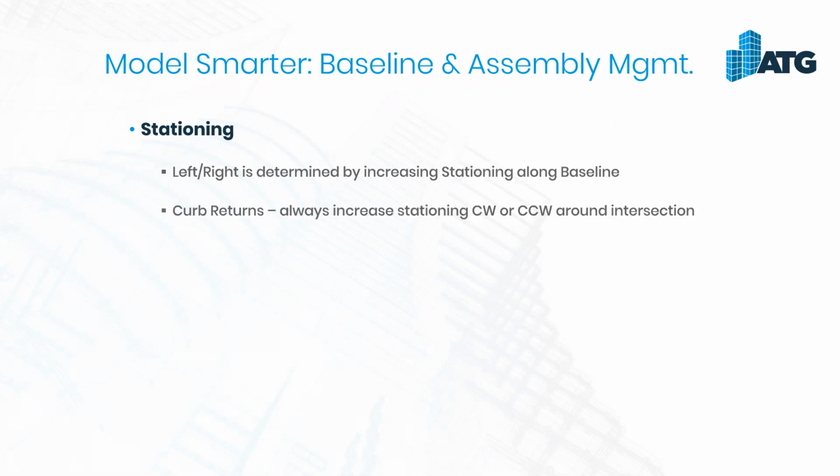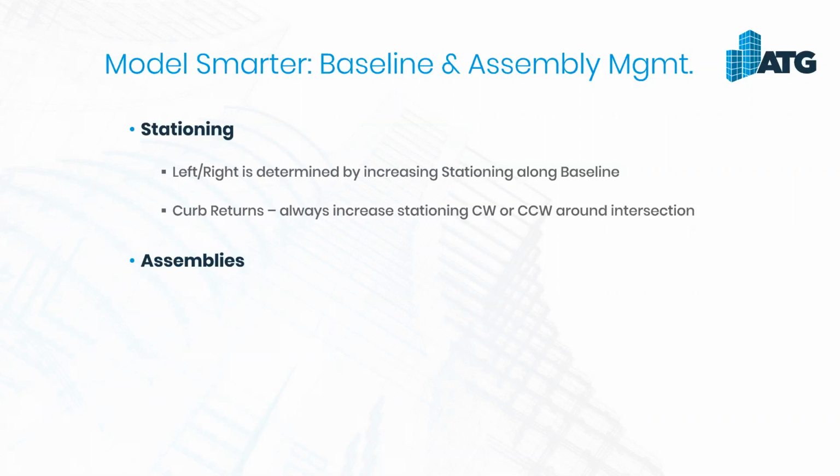So with our curb returns, when we're creating all these connected alignments, if we can keep that station increase roughly counterclockwise or clockwise, it doesn't matter which direction, just be consistent, it means that we can get away with only having one assembly: lane on the left side, curb on the right side with the daylight behind it.